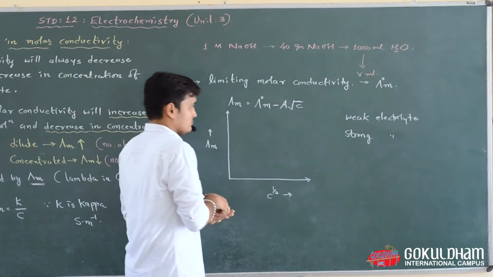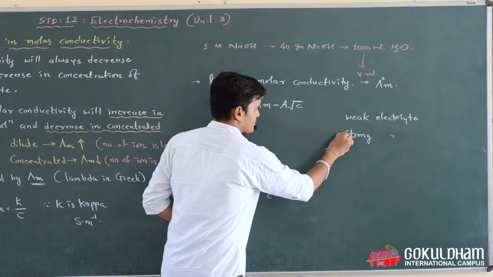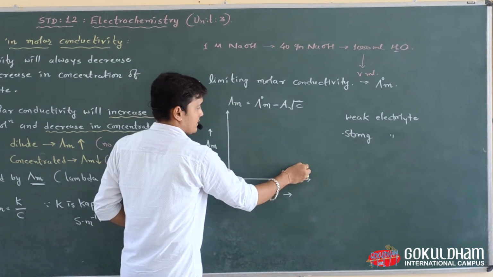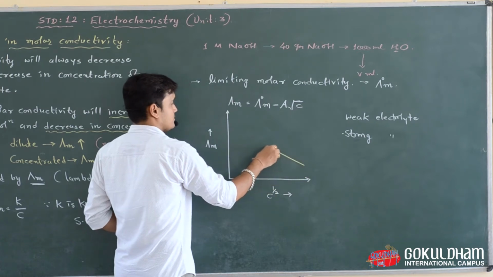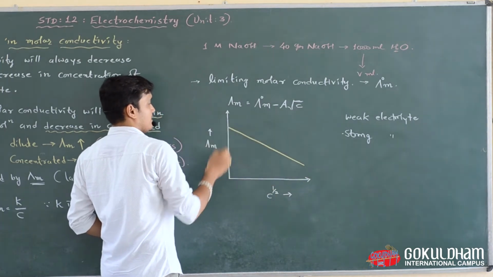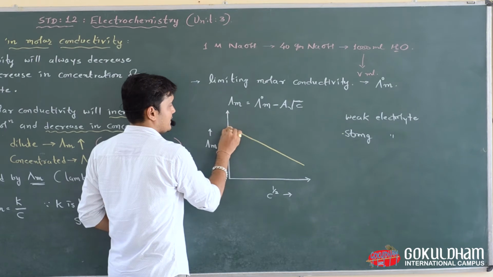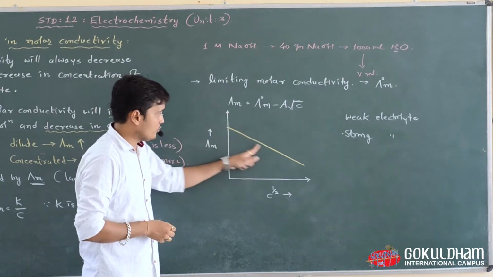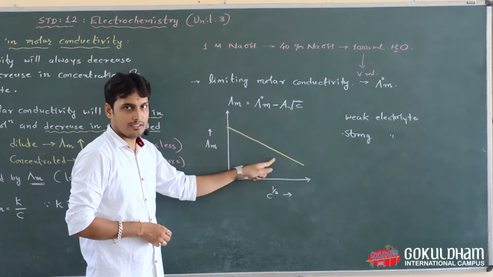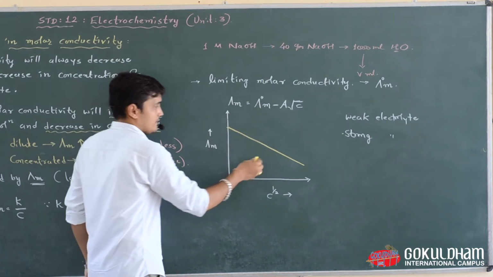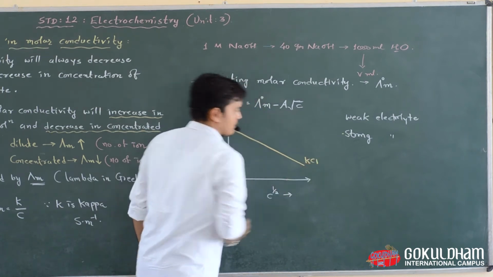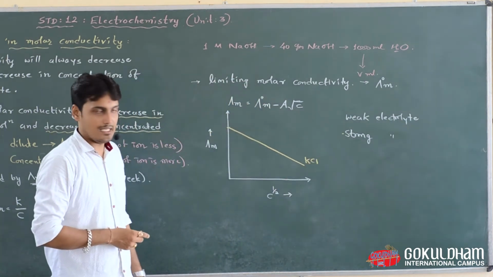So when the strong electrolyte graph is plotted, the graph becomes a straight line and you get the intercept on the y-axis. The value of the slope is -a. This graph is of the electrolyte KCl.